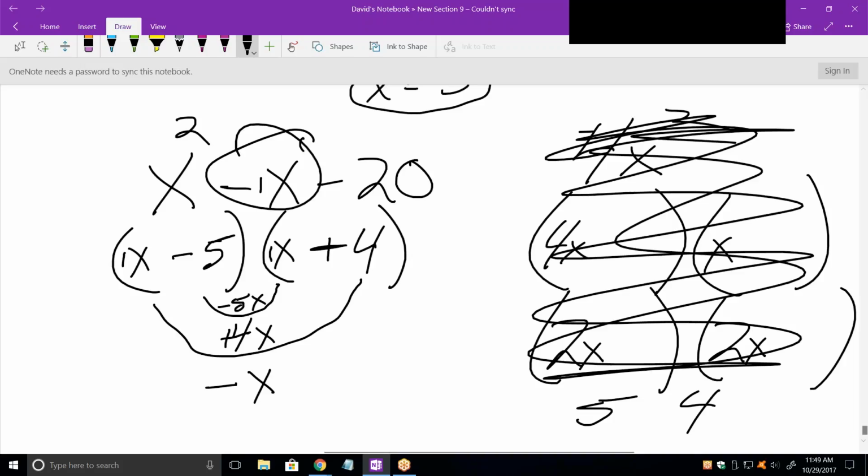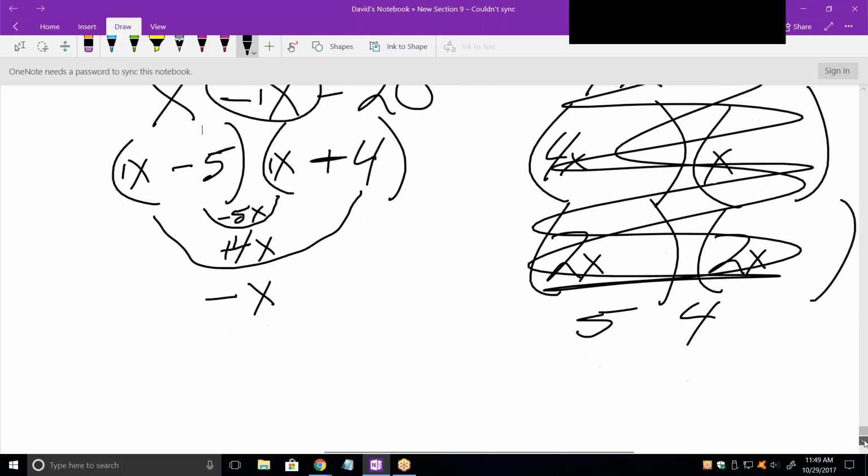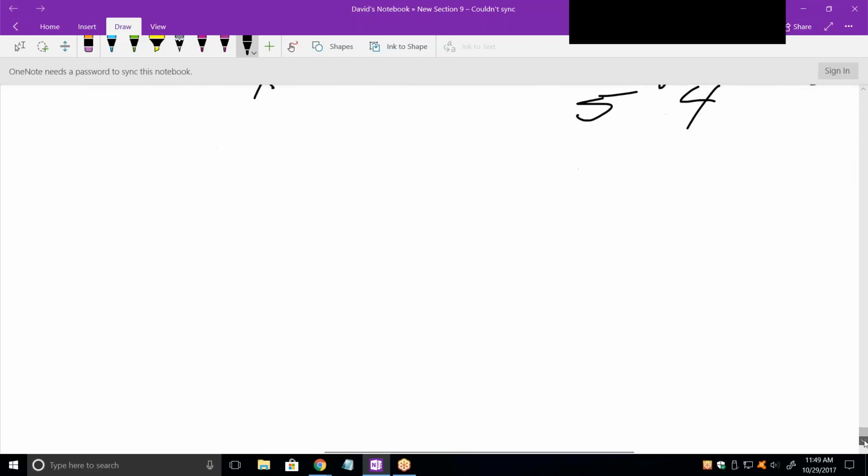That should be a primer on first degree quadratics. Now let's take a look at a second degree quadratic. Let me think for a second what is going to work. I'll put a minus 12 there.